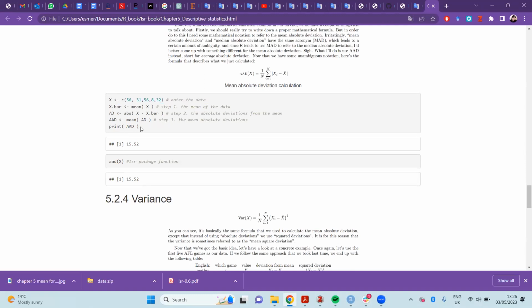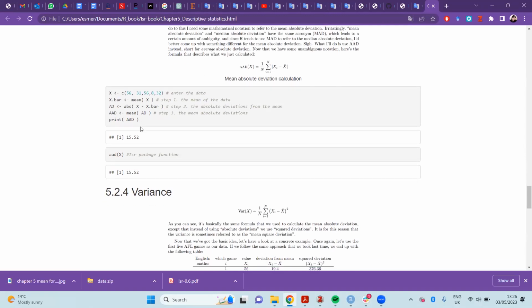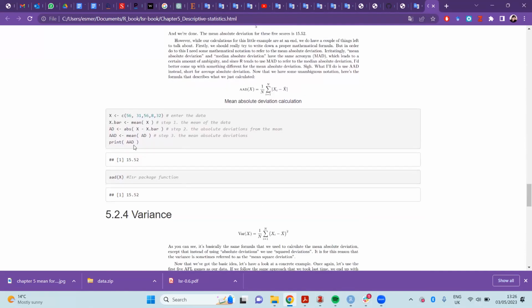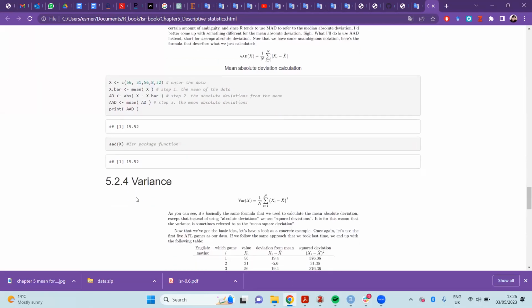Then calculate the mean of the values, step by step. But the package has this function AAD, and we can obtain the same result.